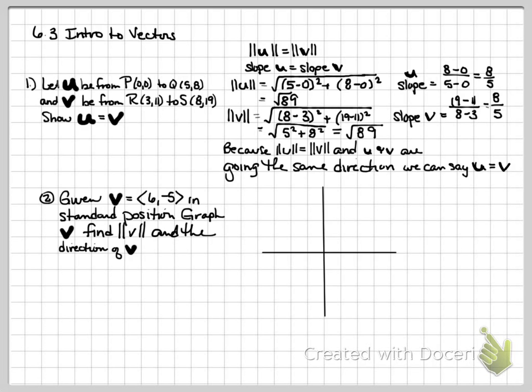So again, in order to show that two vectors are the same, you have to show that they have the same magnitude and that they're going in the same direction.